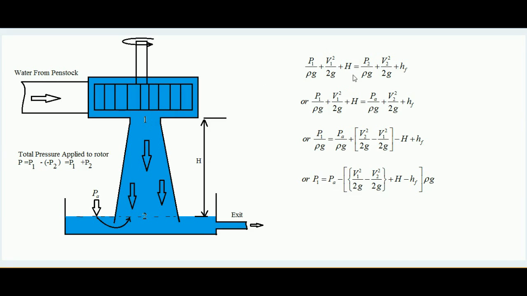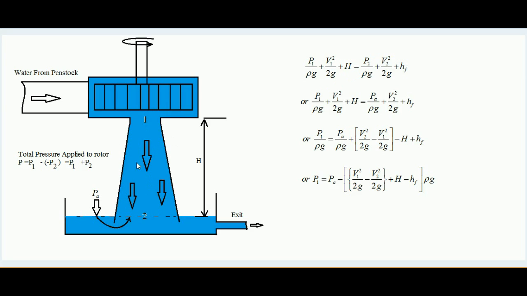So total head at point 1 is equal to P1 by rho g plus V1 square by 2g plus capital H. Now at point 2, suppose pressure is P2, then P2 by rho g is the pressure head at point 2. Similarly, suppose V2 is the velocity at point 2, then V2 square by 2g is the kinetic head, and HF is the head lost between point 1 and 2.